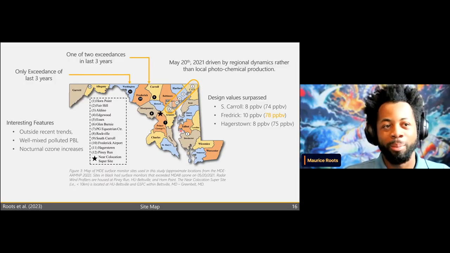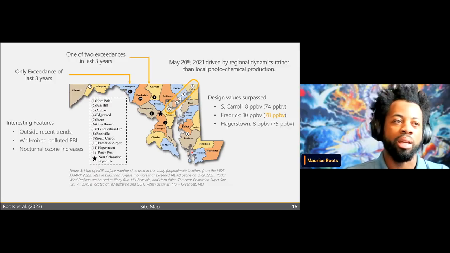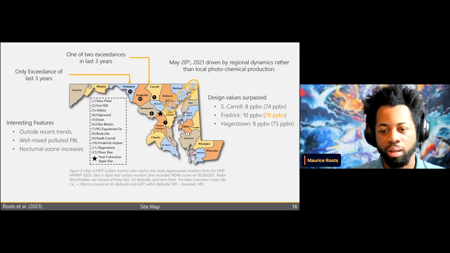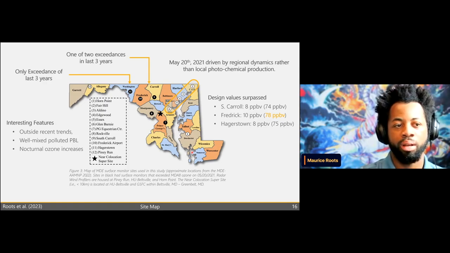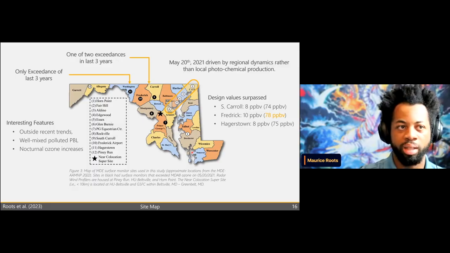But there's also a wind profiler here as well. So Maryland's doing really well in having a network of instruments that lets you understand and tell the story of what's going on with the air.